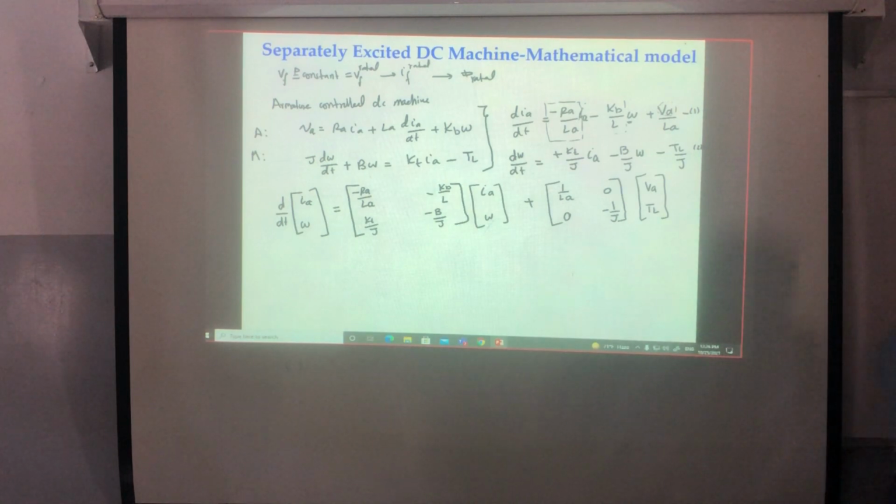Now, according to our understanding of the state space representation, we know that this can be seen as x dot equals Ax plus Bu. So this is what we call the state matrix, this is the input matrix, and this is the state variable.